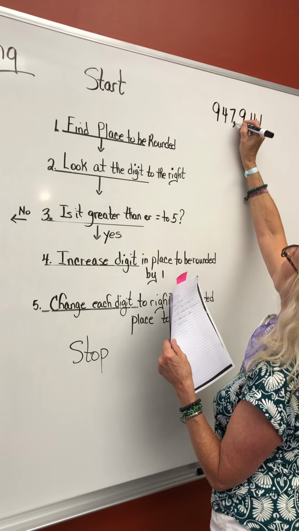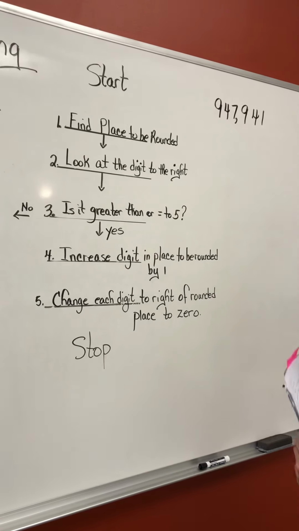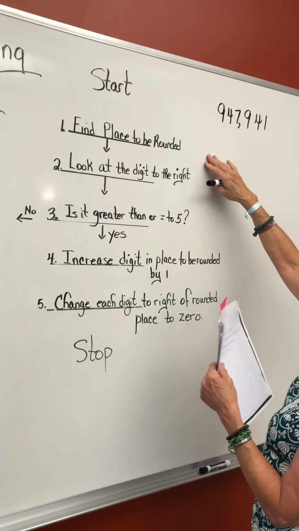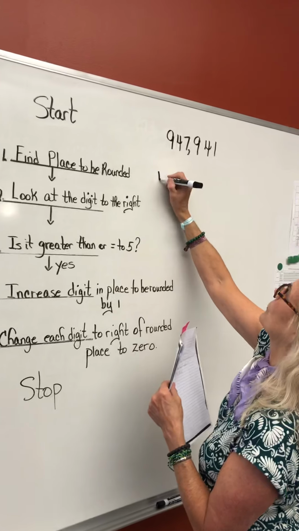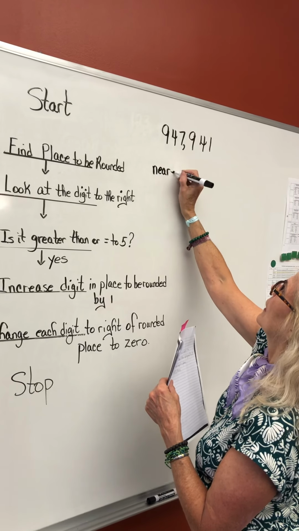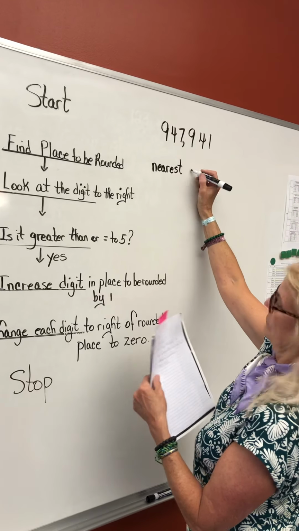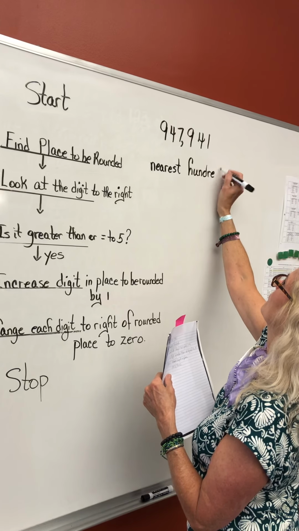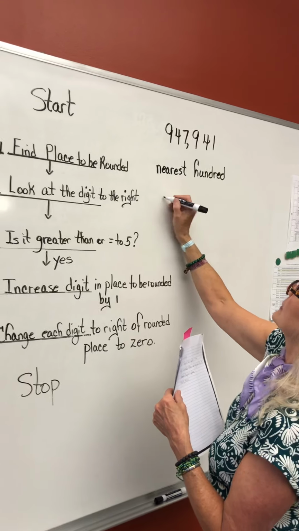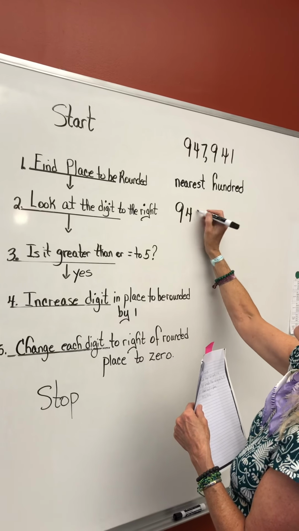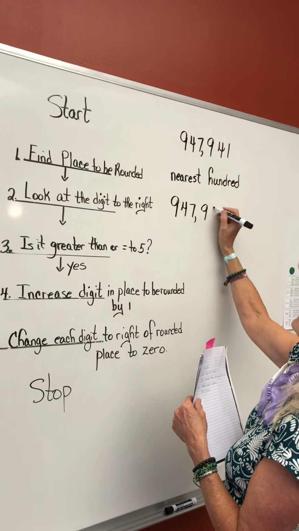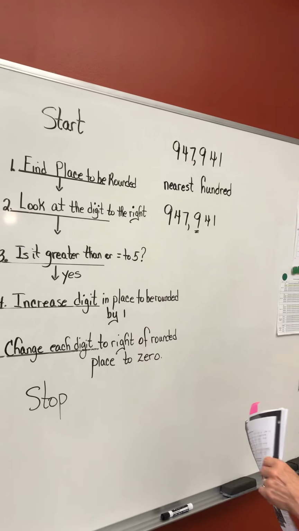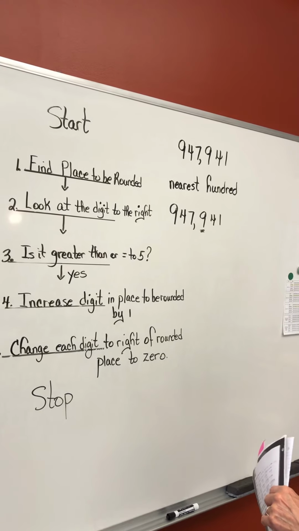947,941, okay? Find the place to be rounded. This time I want to round the 100. I want to round it to the nearest 100. All right, so let's rewrite this, and let's underline our 9 because that's 900, okay?